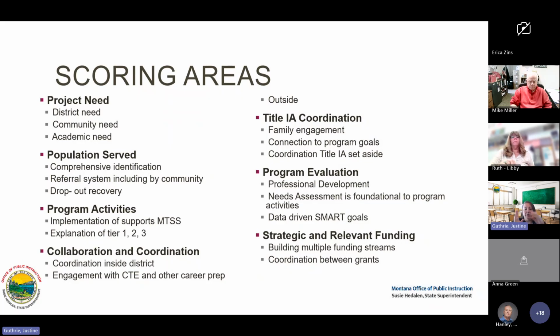And knowing that these funds are really only for students experiencing homelessness, you could incorporate and blend other funds in that could be used for all students who are at risk. So really thinking about this at the most macro level: how are you coordinating that support for your at-risk learners?